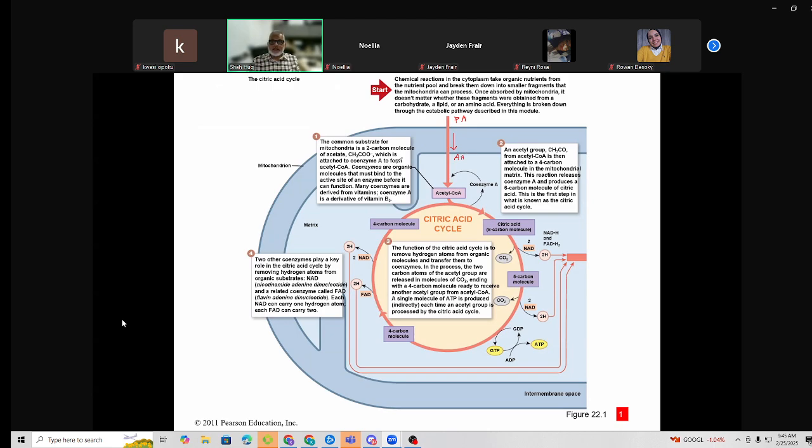So this acetic acid is combined with the coenzyme, which is actually coming inside also from the cytoplasm. And then it makes the acetyl-CoA. This is the first reactant entering the cycle, and then the reactions take place. It is actually reacting with many other enzymes.